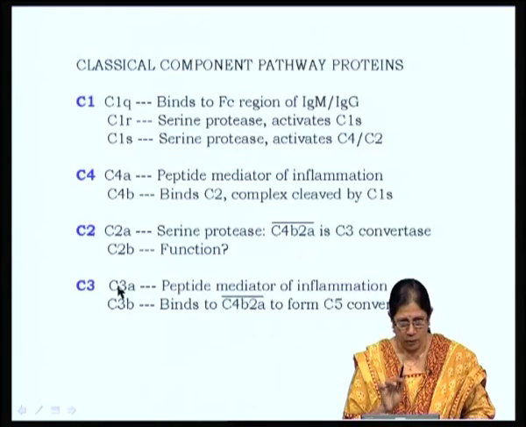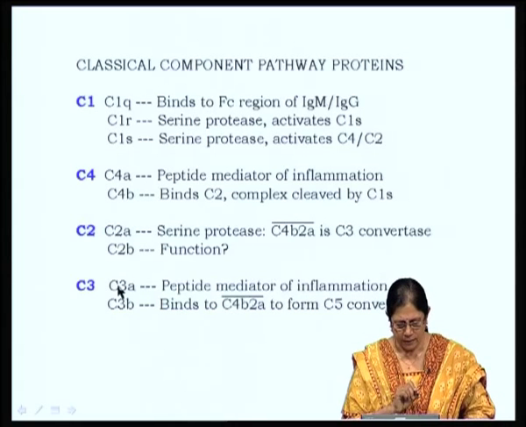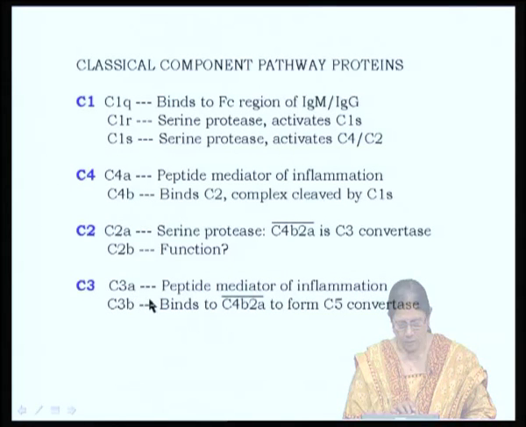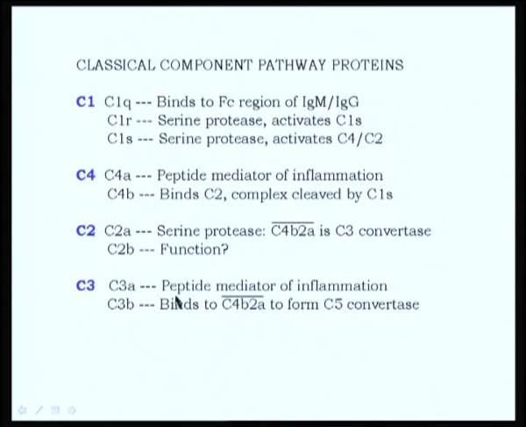Some of them have more than one subunit, but we will not go into that. C3 gets cleaved to C3a by the C3 convertase, and C3a is a peptide mediator of inflammation. C3b, on the other hand, binds to the C3 convertase to form now the C5 convertase.